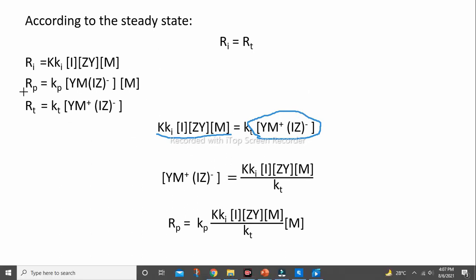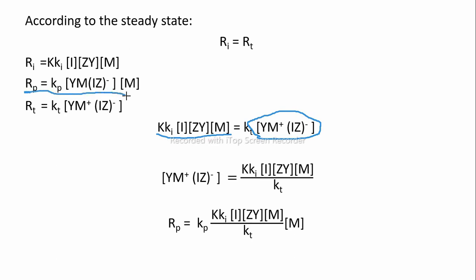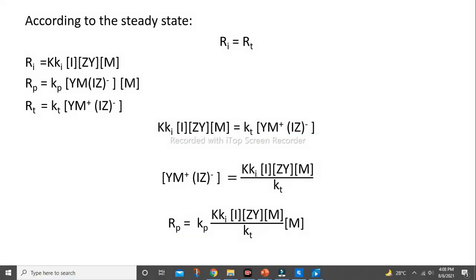Now we are using this rate of propagation, and in this step we have substituted the value of this component in this rate, and our equation becomes Rp is equal to Kp, and this whole term comes here, and M is the concentration of the monomer in this equation. Now this equation is used to tell the rate of propagation easily, and we can find it by this anytime we need.